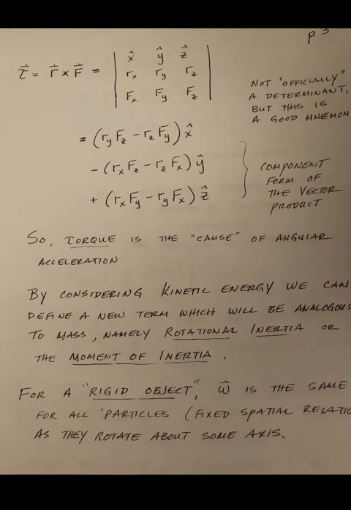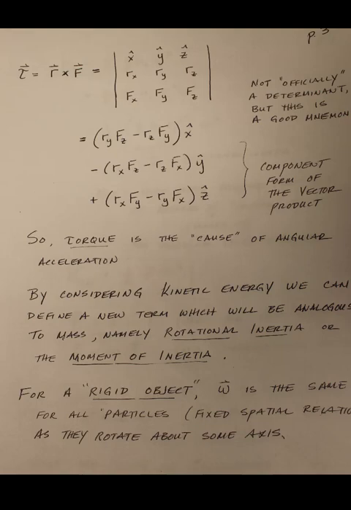By considering kinetic energy, we can define a new term, which will be analogous to mass, namely rotational inertia, or moment of inertia. For a rigid object, that means that all the particles stay relationally the same distance from one another, fixed in space, as they rotate about some axis.